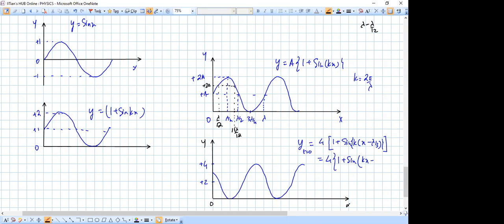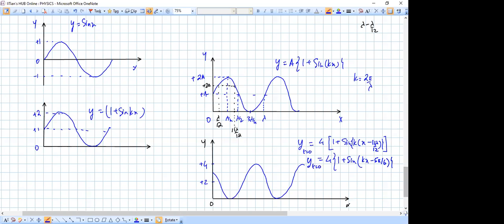Okay, so this is, it's like this actually. Okay. So this is the snapshot picture at t equal to 0.